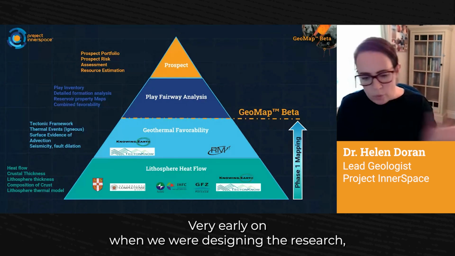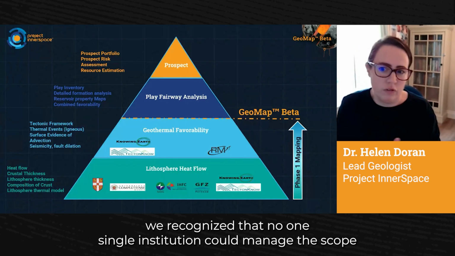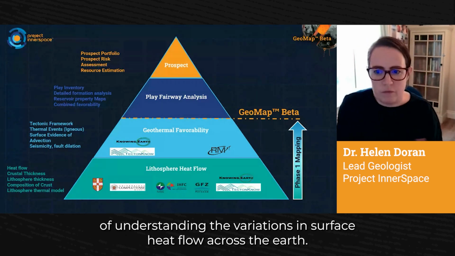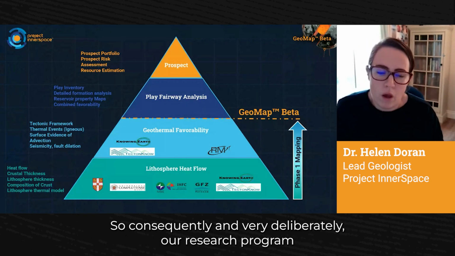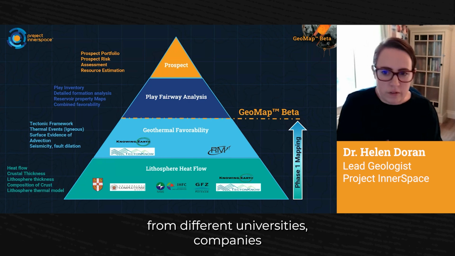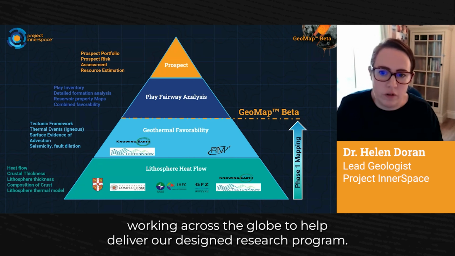Very early on, when we were designing the research, we recognized that no one single institution could manage the scope of understanding the variations in surface heat flow across the Earth. So consequently, and very deliberately, our research program engaged multiple institutions, and we now have 85 scientists, global experts from over 10 different universities, companies, various consultancy groups working across the globe to help deliver our designed funded research program.